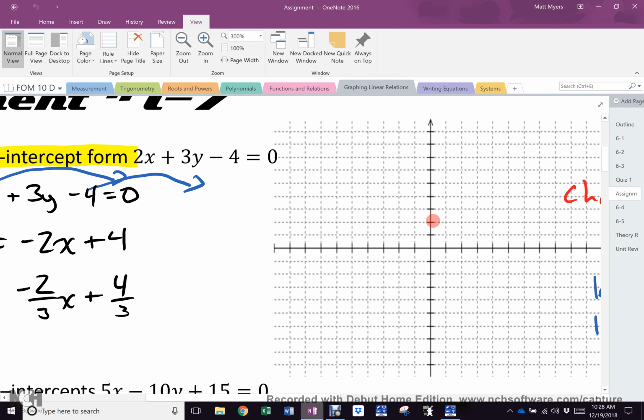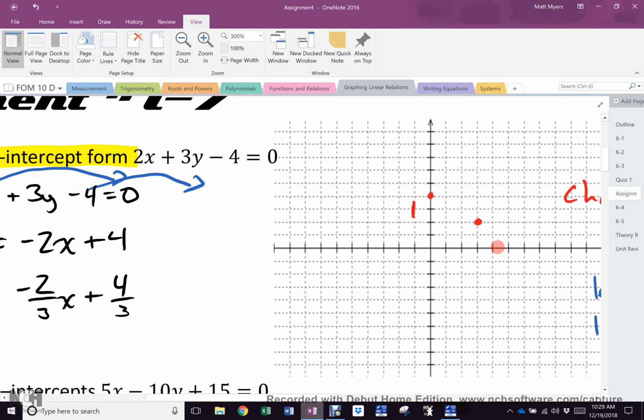So I'm going to go 1, 2, 3, and I'm going to say that's 1. So how big is 1 square now? 1/3. I need to go to 4/3, don't I? So 1, 2, 3, 4/3. And my slope is negative 2/3. Down 1, 2, right 1, 2, 3.